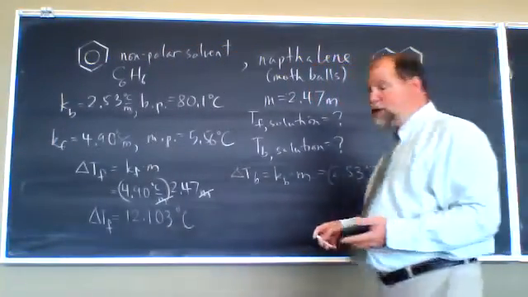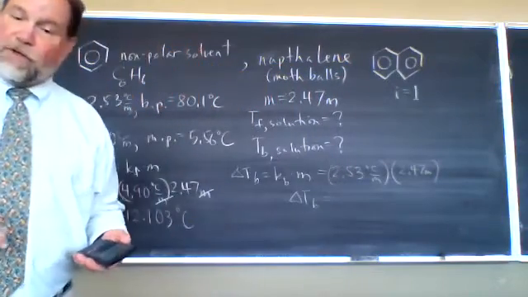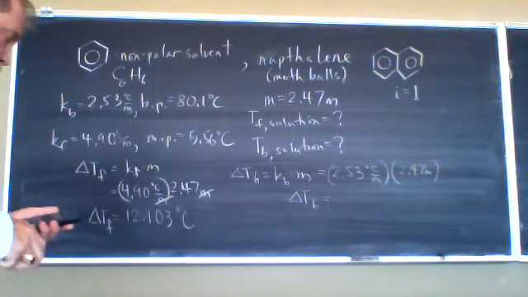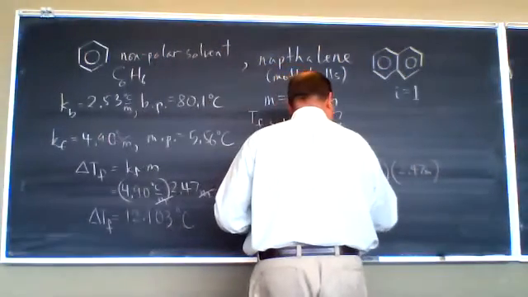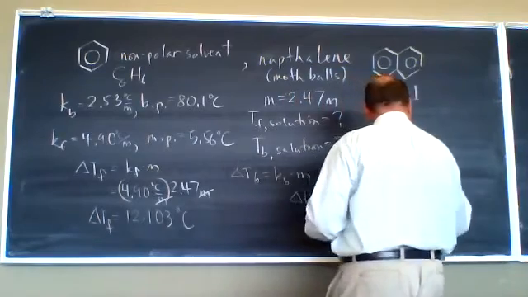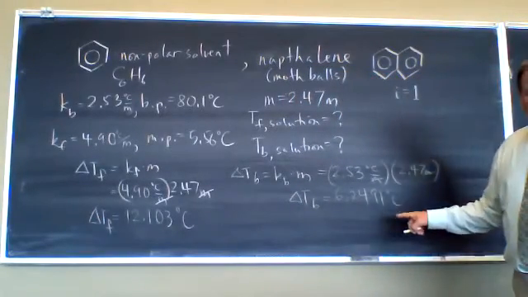Delta T sub B, that's our boiling point elevation, is equal to 2.53 times 2.47, which is 6.2491. And again, we just have units of degrees Celsius.